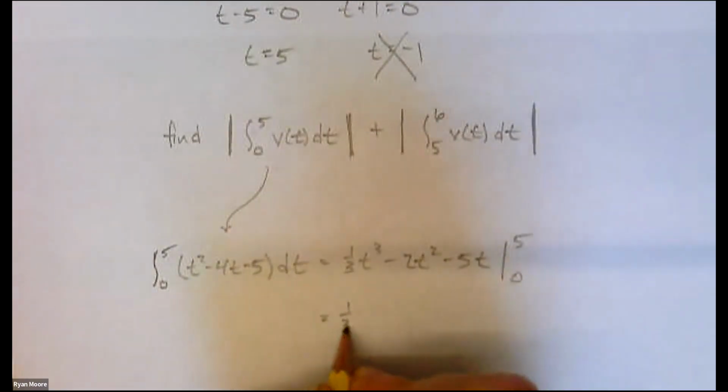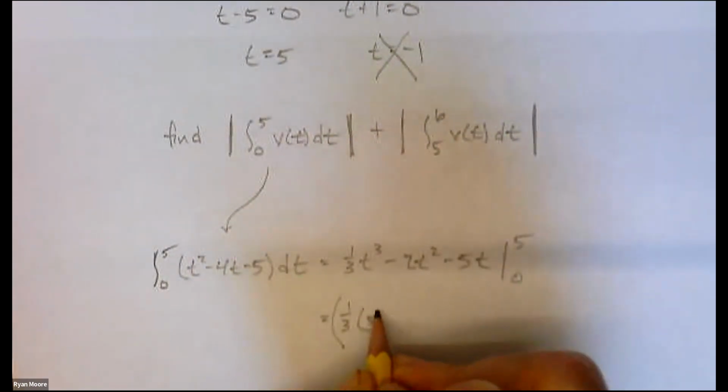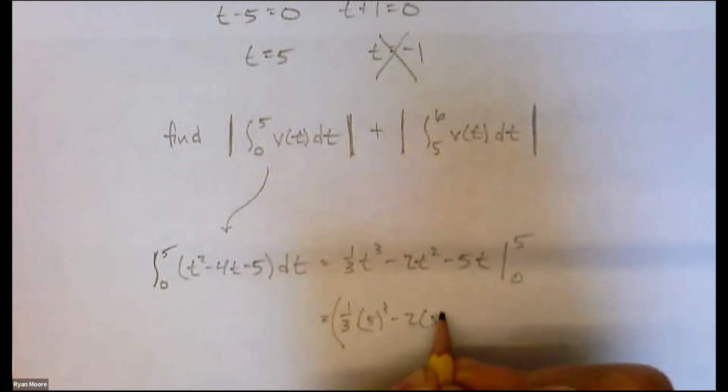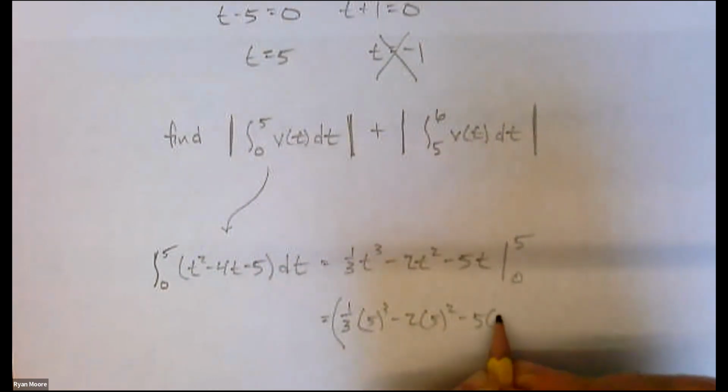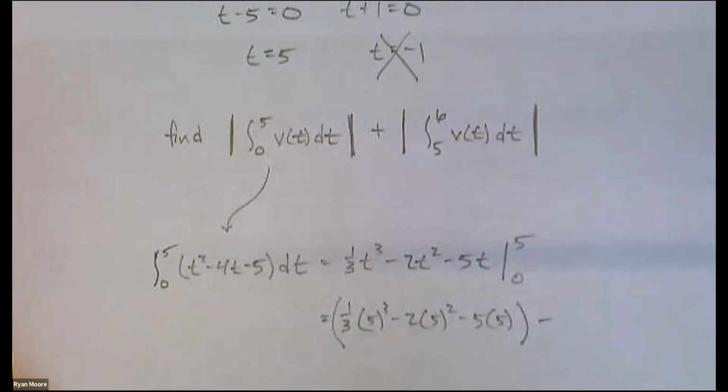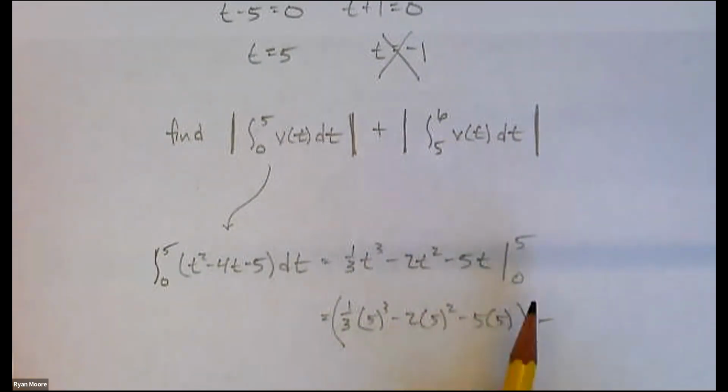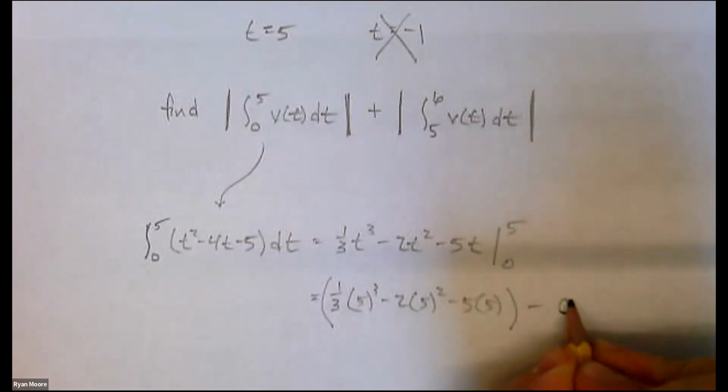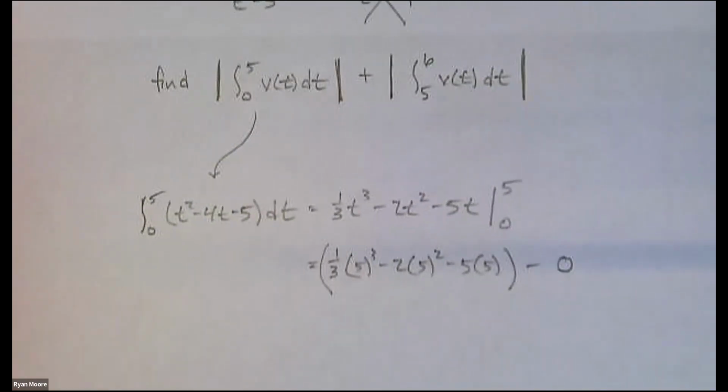Plugging in 0 is going to give 0, so let's plug in 5: 1/3 times 5 cubed minus 2 times 5 squared minus 5 times 5.